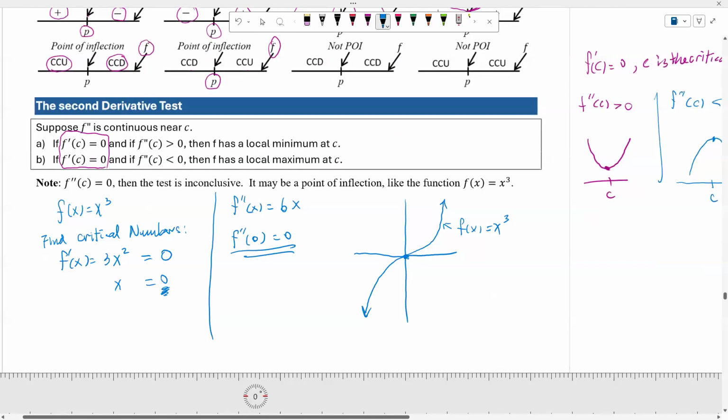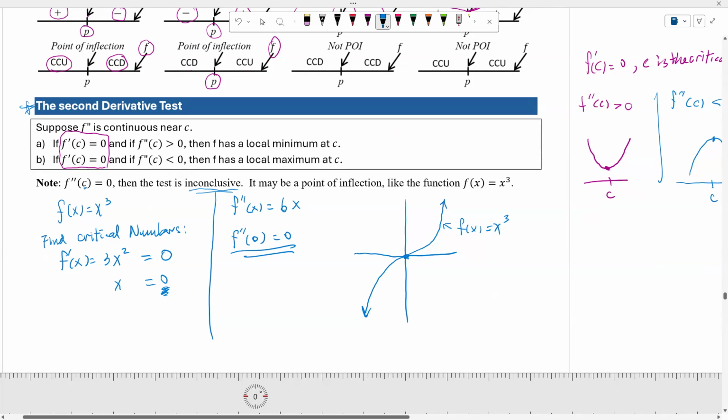However, f double prime of 0 is equal to 0. So this point right here, again, is not the local max or min. That's why we say that if f double prime of c equal to 0, then this second derivative test will not give you any result. It's inconclusive. We don't know what it is.